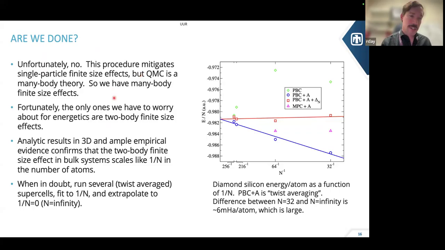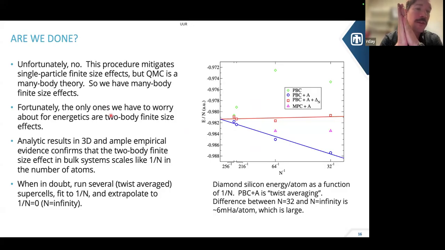Fortunately, the ones that we have to worry about for energetics fall in the category of two body finite size effects. One of the easiest and most surefire ways to deal with this is to run several different supercells and then see where the energy goes.